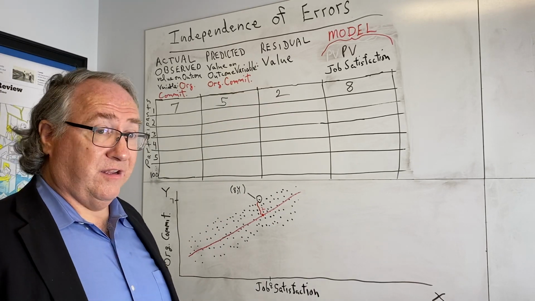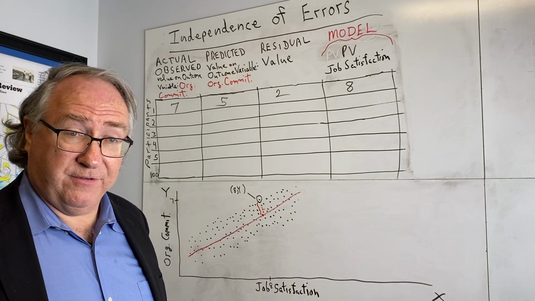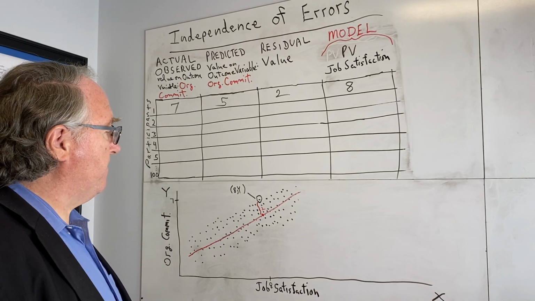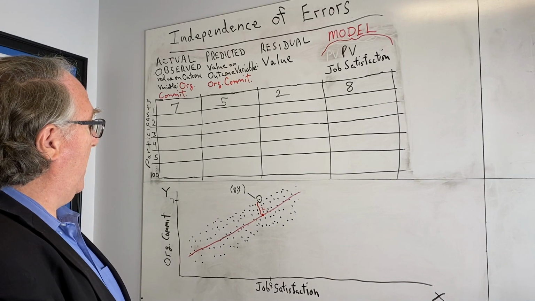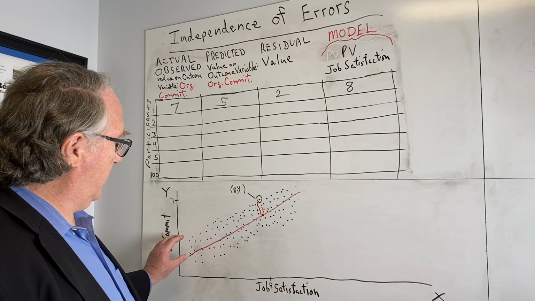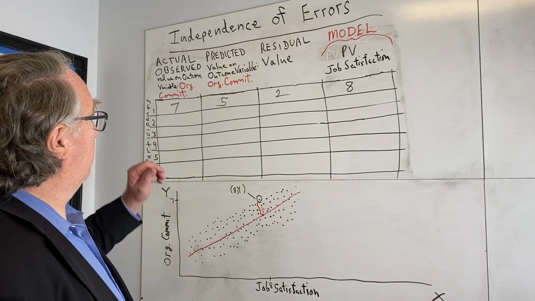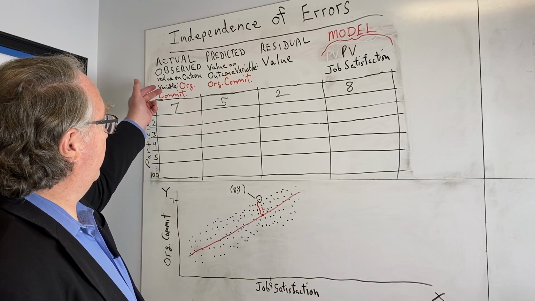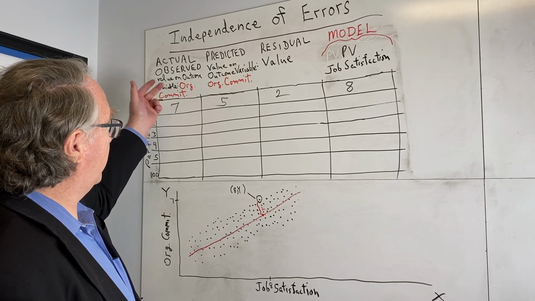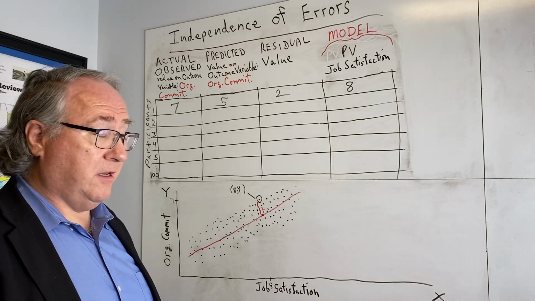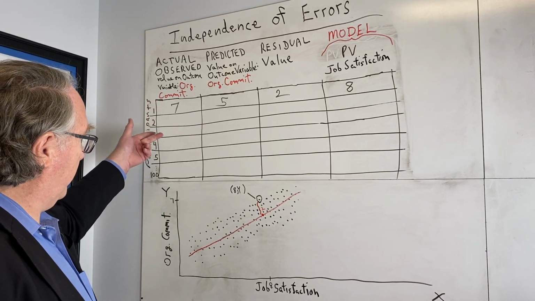Okay, well, notice then something that we have here, which is that we have 100 actual observed scores. Actual observed scores are values on the outcome variable, organizational commitment in this example, for each of our 100 participants.